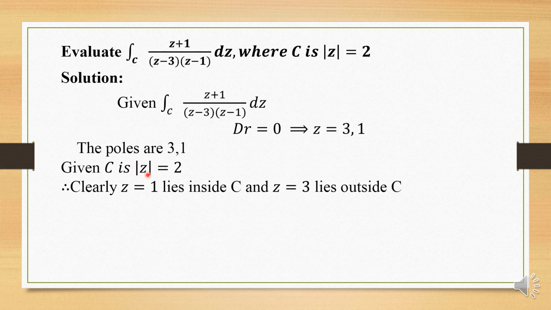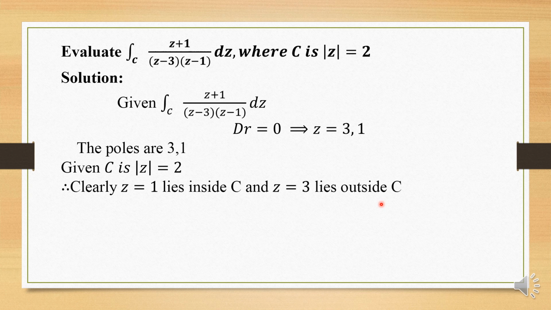Consider 1 and substitute in mod z equal to 2: we get mod 1, which is 1, less than 2, so 1 lies inside C. So the pole z equal to 1 lies inside C and z equal to 3 lies outside C.